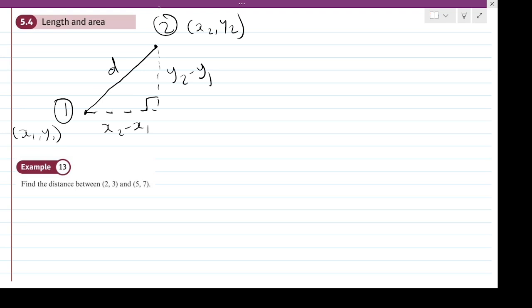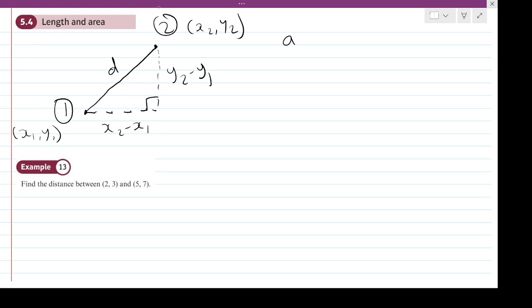Well, what can I do with this? I have a right angle triangle and I have three sides. What can I do with everything here? Pythagoras, right? Because it's a right angle triangle and I have all the lengths here. So d is the hypotenuse, and you can see that because it's opposite to the right angle.